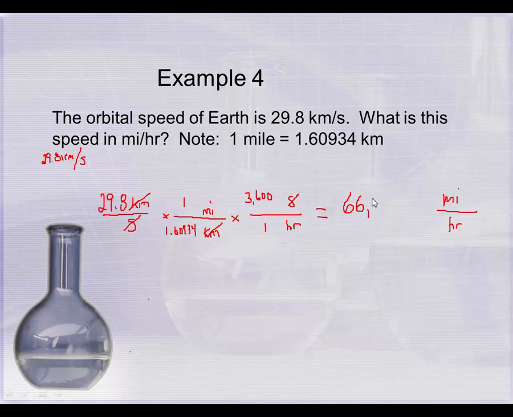Say that again. That's probably enough, right? 66,660 miles per hour. So in 1 hour, something that's traveling in orbit around the Earth is traveling 66,000 miles. That's pretty fast.